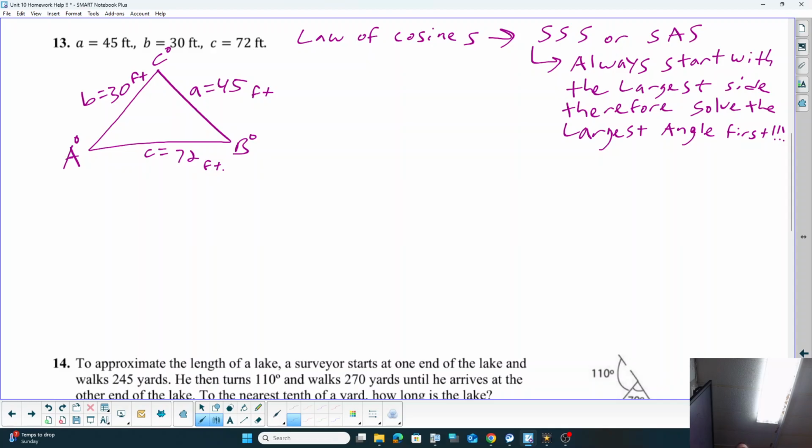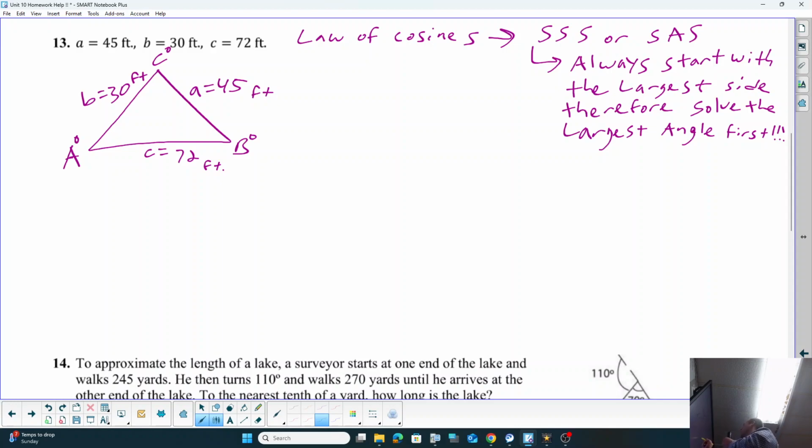Just in case. Because if you have an obtuse, a really wide triangle, you might accidentally mess up and solve for one of the little angles, and now it's an acute triangle when obviously it's not. So we might be okay with this one, but just always solve with the largest angle first.